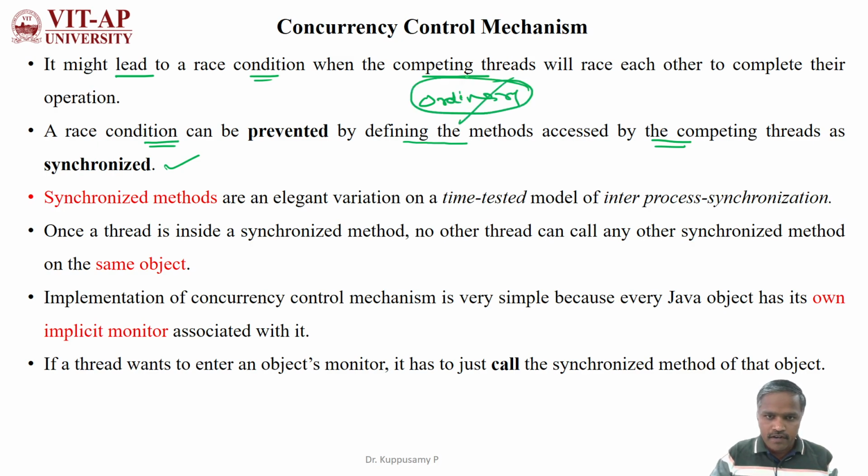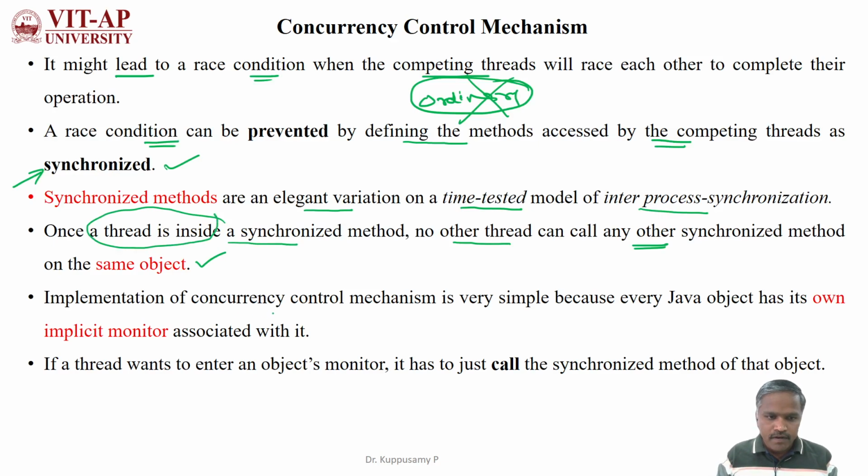So we avoid ordinary methods by defining them in the form of synchronized methods. Synchronized methods are an elegant variation of a time-tested model called inter-process synchronization. Once a thread is inside a synchronized method, other threads cannot call that same synchronized method using the same object. They have to wait until the currently running thread completes inside the synchronized method.